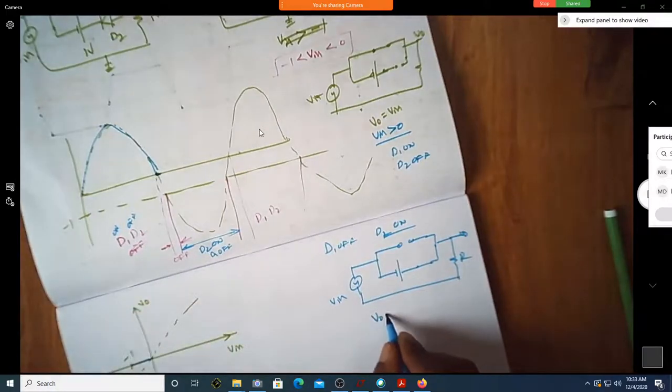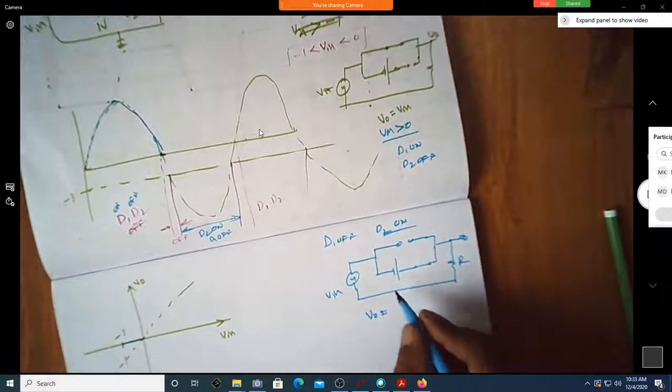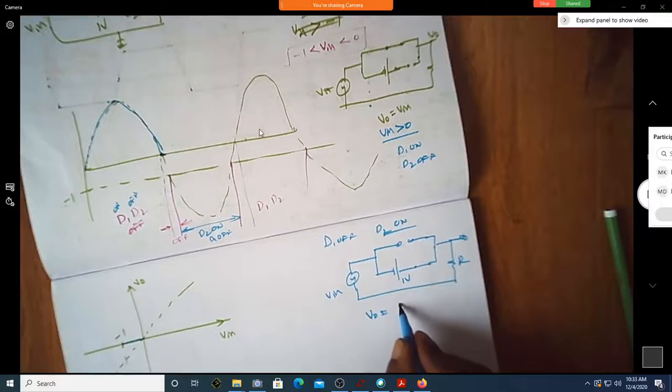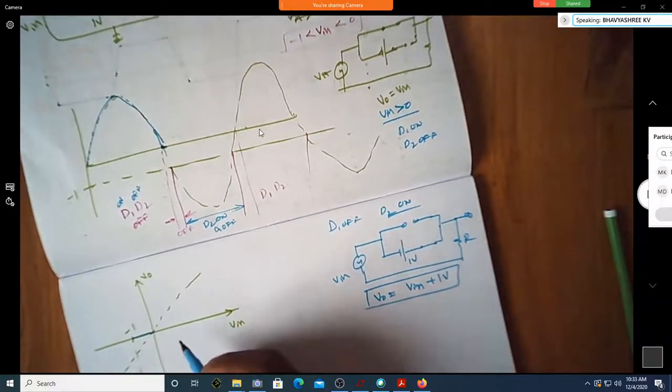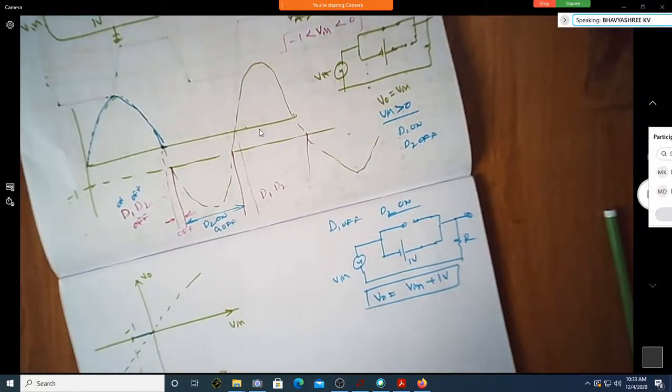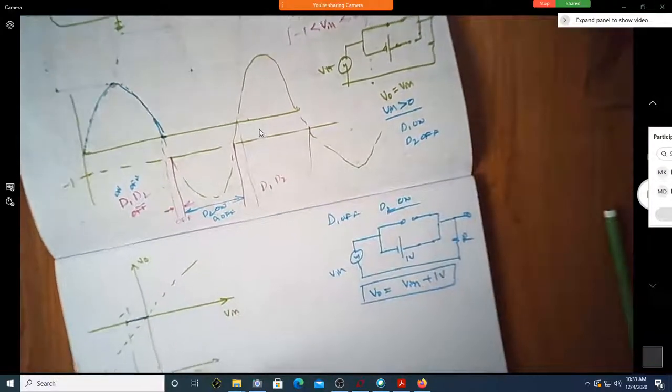So what is V naught? Is it not equal to V in plus 1 volt? Yes. If it is plus 1, how will it look? We'll write it for this D1 on.